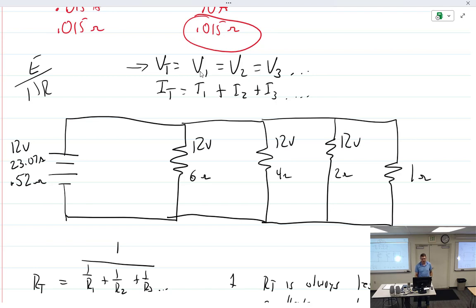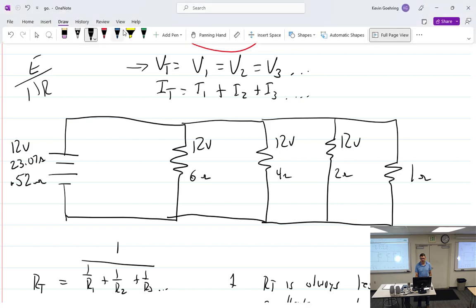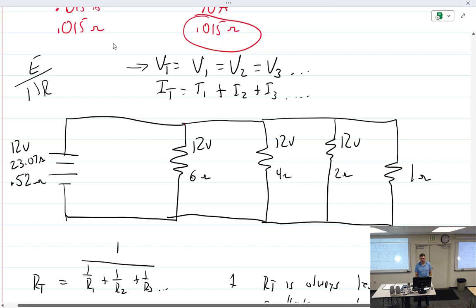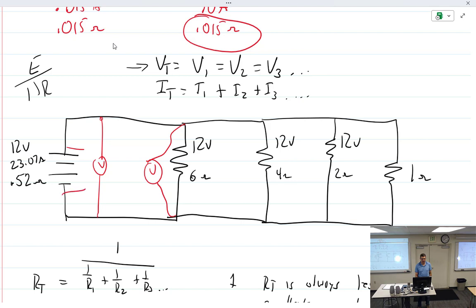And why is the voltage the same? Well, because if we put a voltmeter across here, it's the same thing as putting it here. It's the same thing as putting it right here. So that's going to read 12, 12, and that reads 12. This wire has all of the positive, and this one has all the negative, if you want to look at it like that.